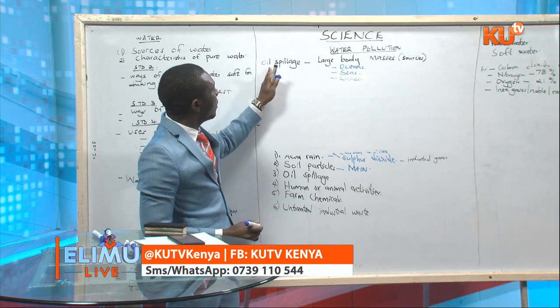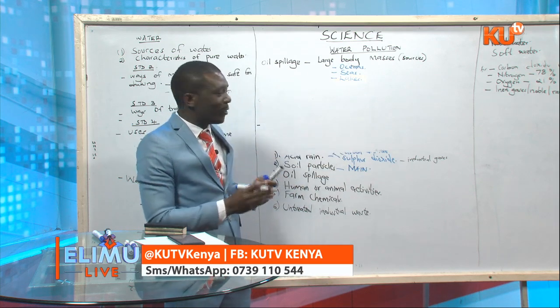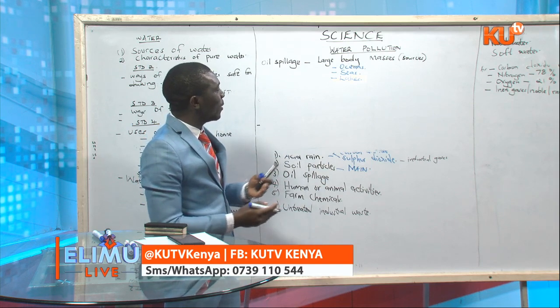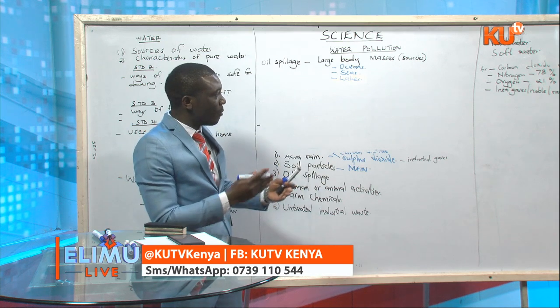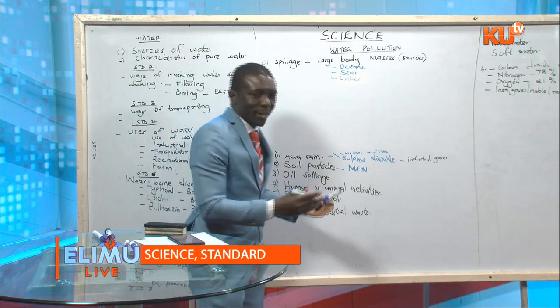When this oil spills, oil does not dissolve. In Standard 7, under properties of matter, you learn about mixable and immiscible liquids. Water and oil do not mix.